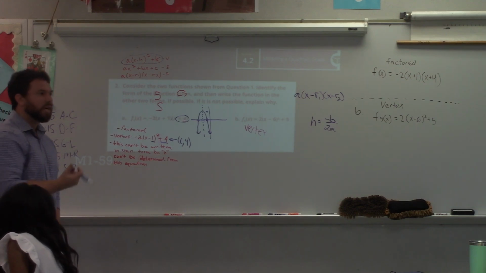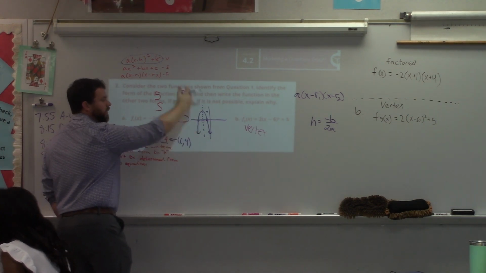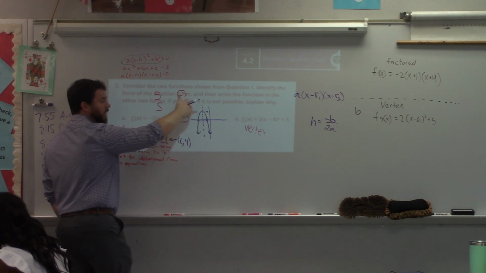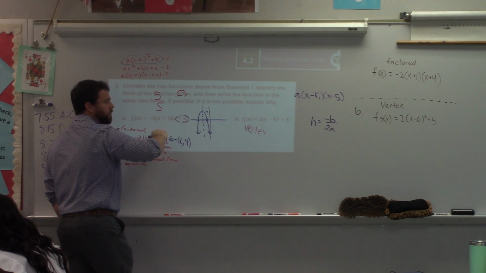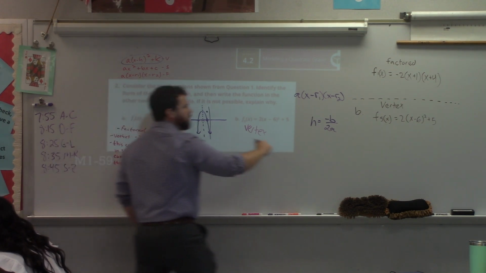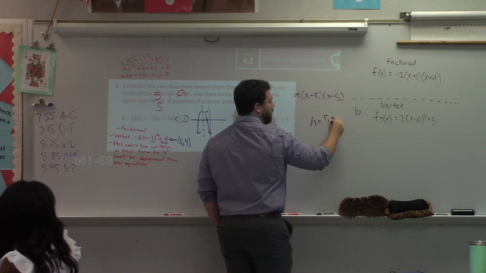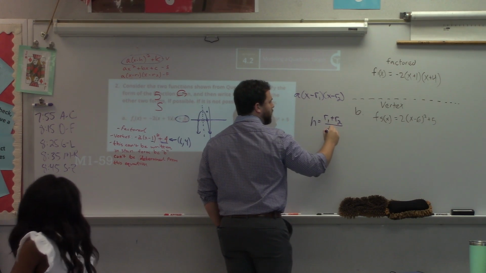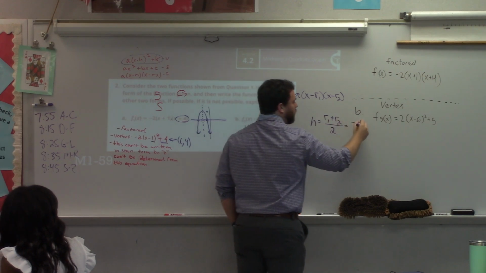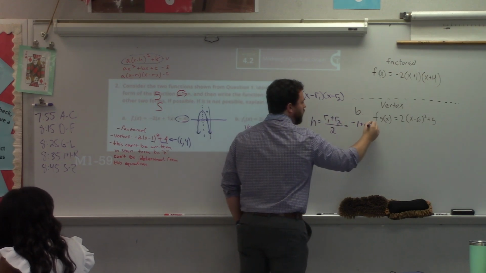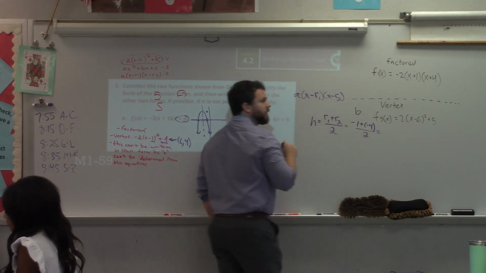If I have roots, I know my vertex, my axis of symmetry, is in the middle of those two things. By the way, notice if I sketch it pretty well, I actually have that h pretty well laid out. But what am I going to do to my two roots? I'm going to average them. Good job. And so I'm writing it out formally like this, but I would just do -1 plus -4 divided by 2.